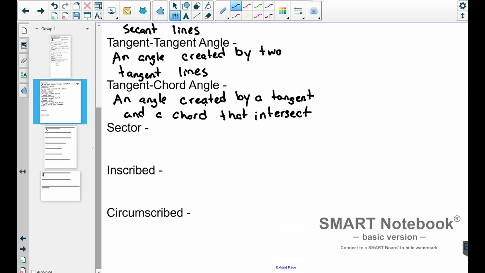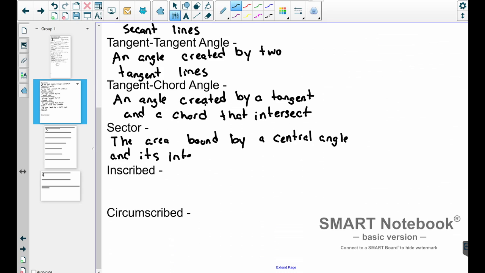So, sector. We did a big activity on sectors relating to pizza. So when you see sector, think of maybe a slice of pizza. A sector is the area bound by a central angle and its intercepted arc.